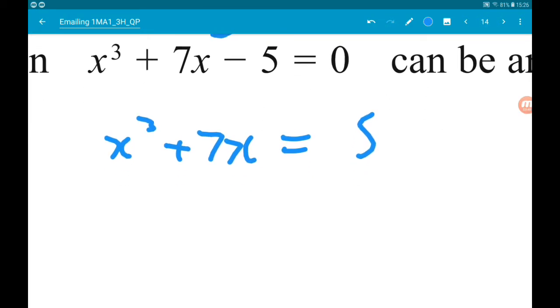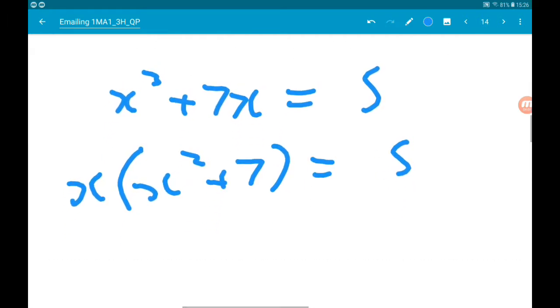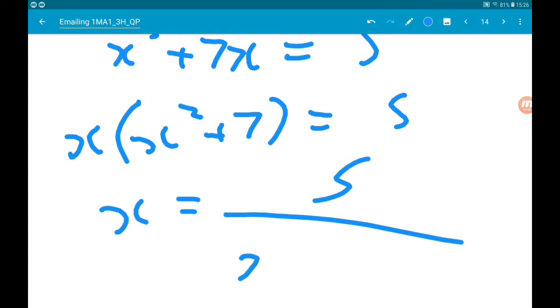So if we factorize, we get x times x squared add 7 is equal to 5. And then if we divide both sides by the bracket, we get x is 5 over x squared add 7.